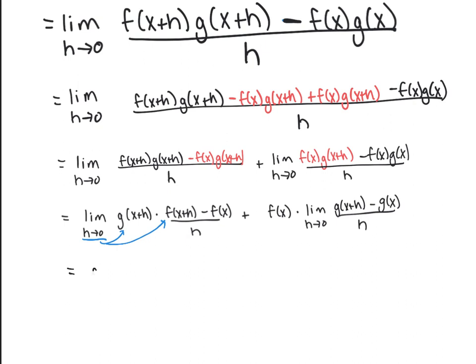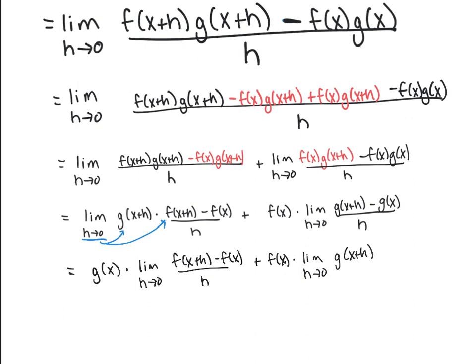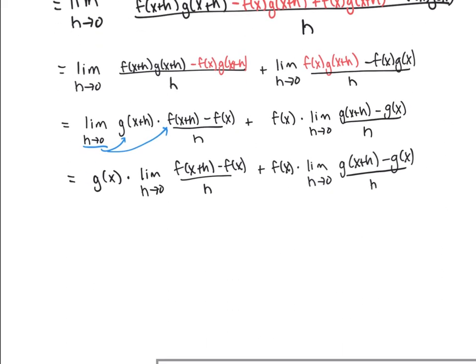And when I replace the h with 0 in the g of x plus h, it just becomes g of x. So then I have limit h goes to 0, f of x plus h minus f of x all over h, plus f of x, limit h goes to 0, g of x plus h minus g of x all over h.